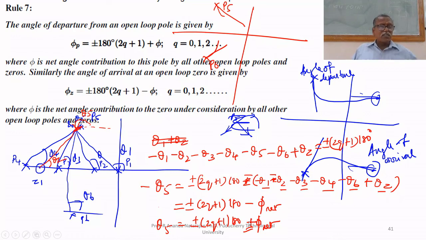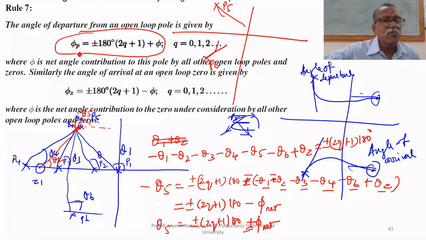Angle of departure from P5. So this is the formula. I am calling it phi 5 because we found it for the fifth pole; generally you can call it phi P or phi Z. For the angle of arrival it is phi Z, where it is minus. For a pole it is plus. That is the only difference.